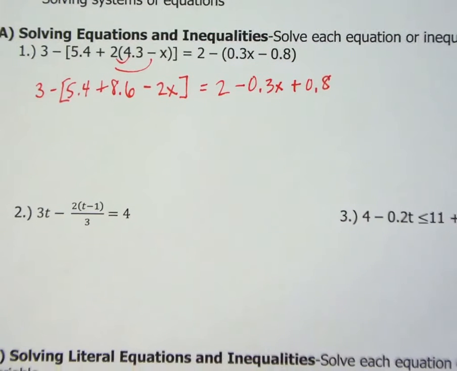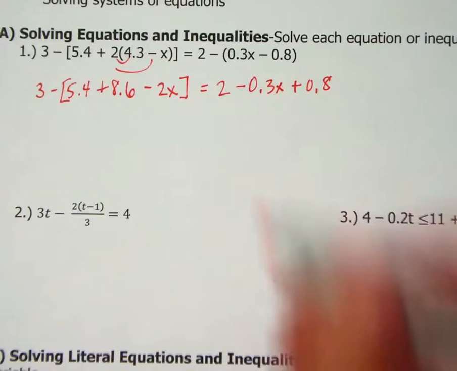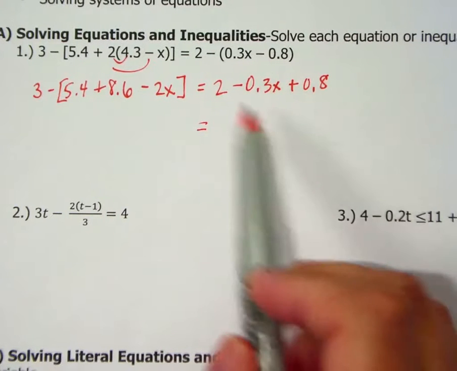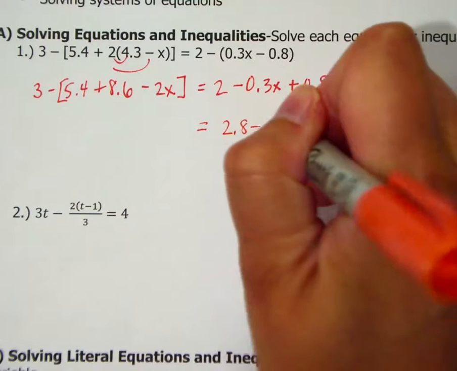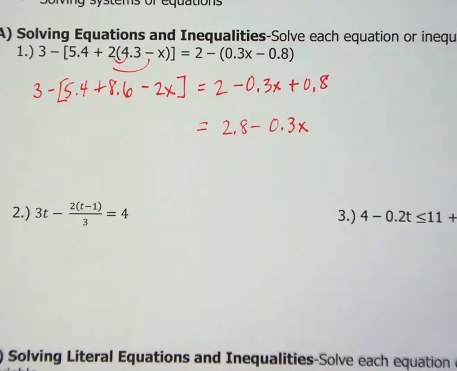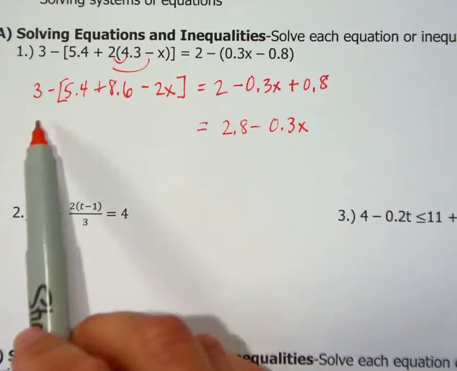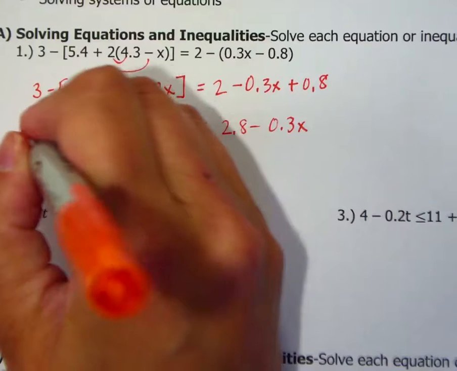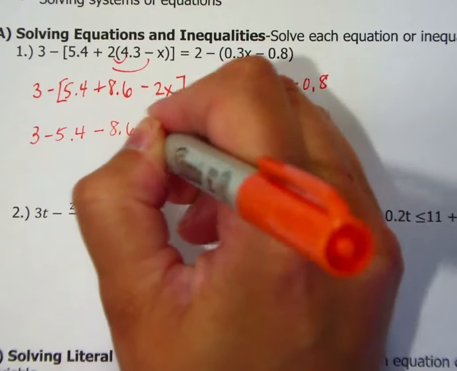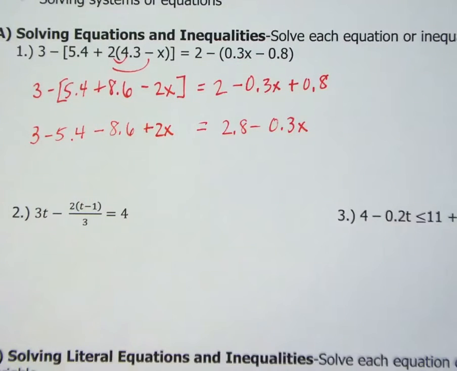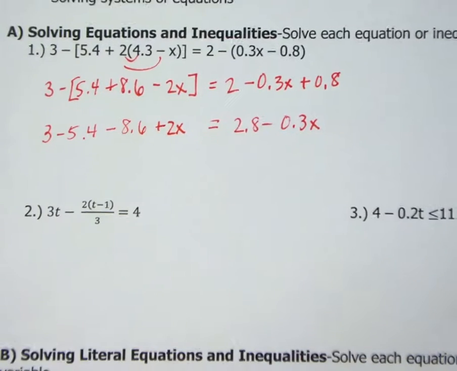And then we'll go through any like terms that we can combine. On the right-hand side, I have 2 and the 0.8. And then over on the left, let's first distribute that negative through. And then from there, we can again combine like terms.